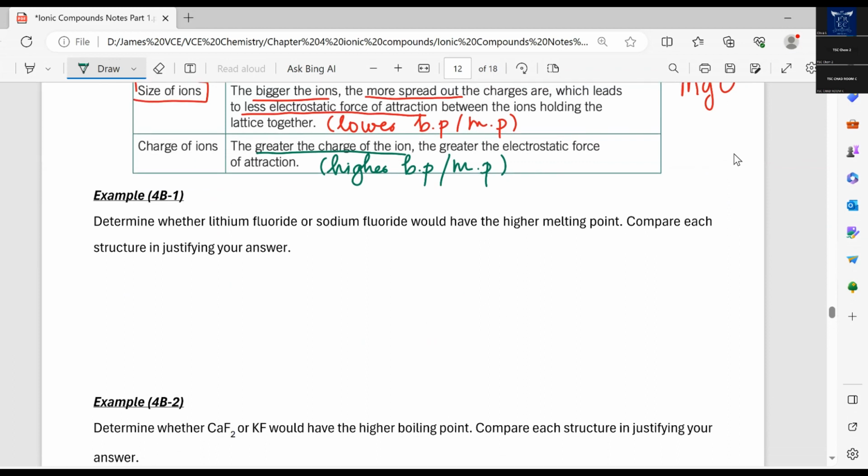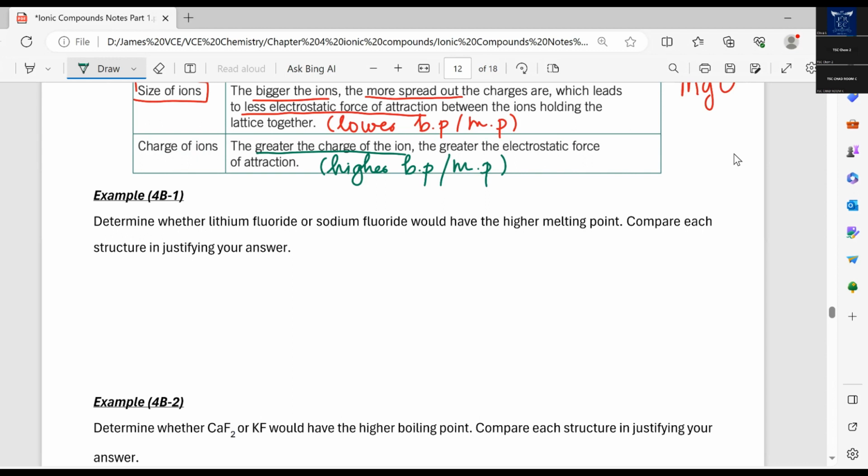Okay, example 4b1. Think about it. Lithium fluoride and sodium fluoride. Which one do you think will have a larger force of attraction between them?